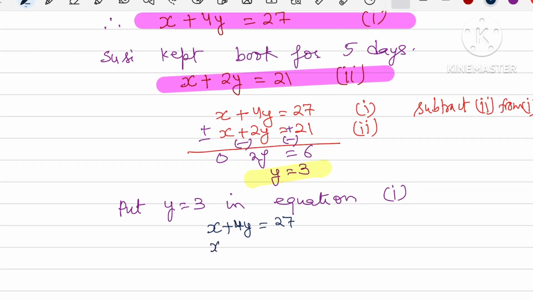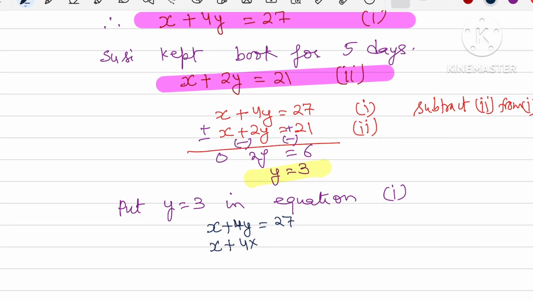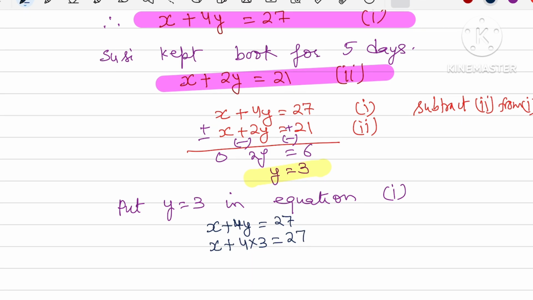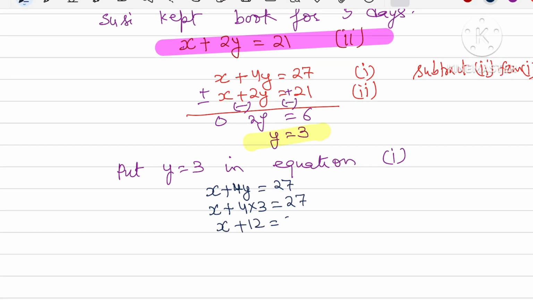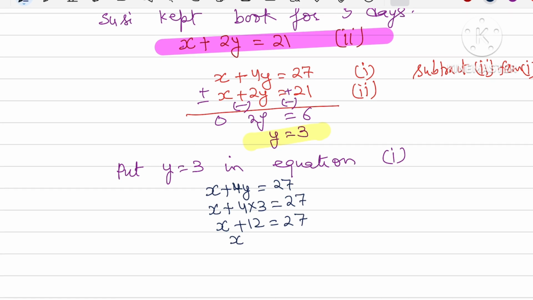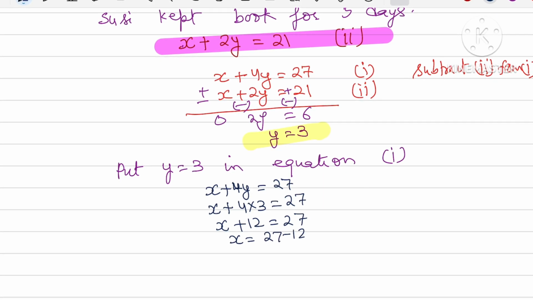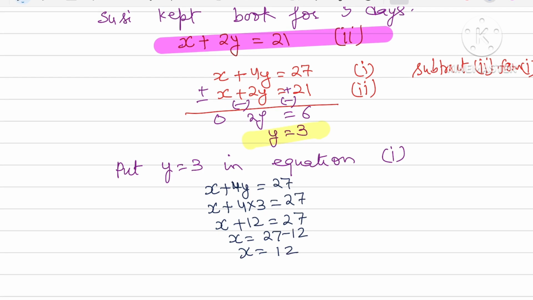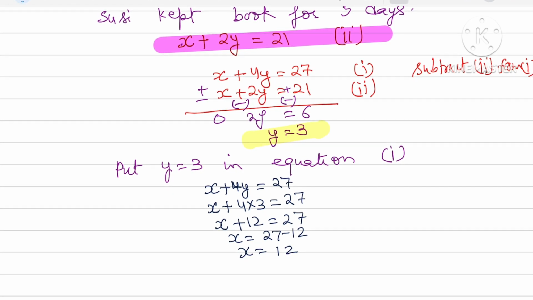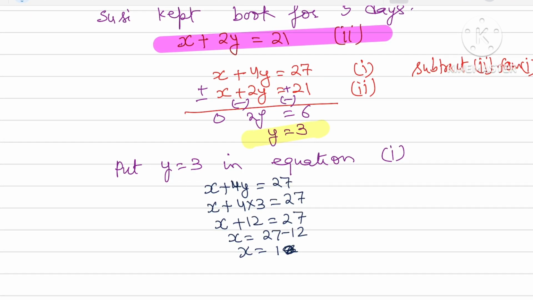So x plus 4 into 3 is equal to 27. x plus 12 is equal to 27. So 12 goes to the right side, it becomes 27 minus 12, that is 15.